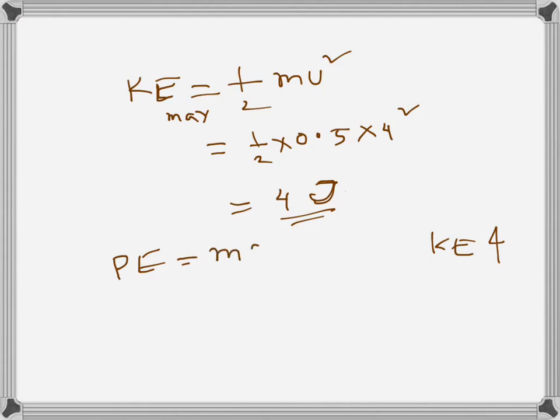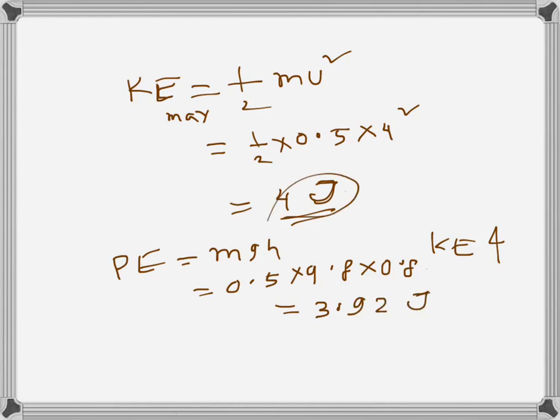That is mgh. We know m, same as before, and h is given as 0.8, and when we do that, we can see that this is 3.92 joules, not 4 joules, a bit less than that, and that difference is the energy lost due to air drag.